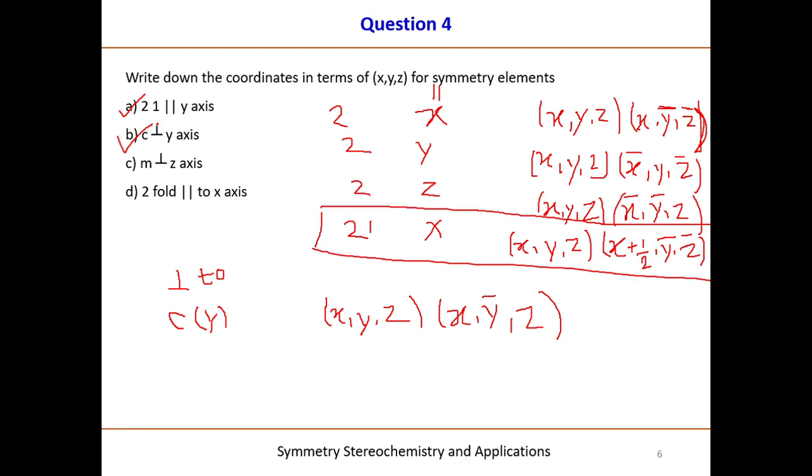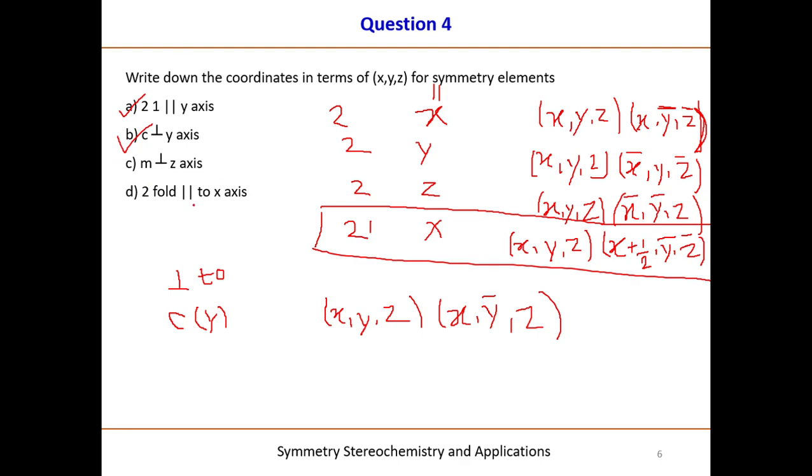Now let's talk about the third one. The third one says that M is perpendicular to the Z axis.